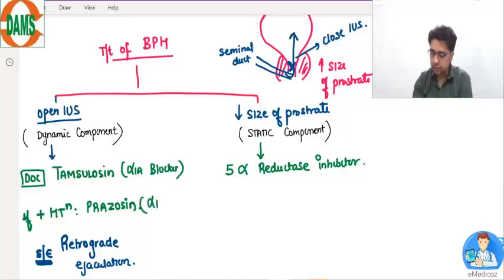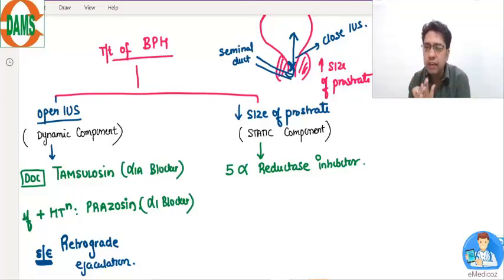Prazosin is an alpha 1 blocker. We already know this part; we have discussed it. Now, to reduce the size of the prostate, we give a 5 alpha reductase inhibitor.